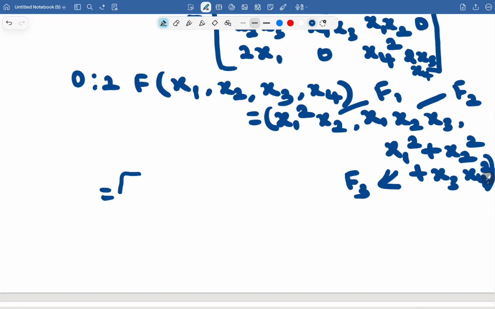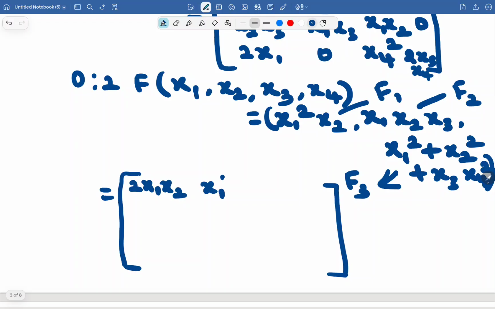Write in matrix, with the first row differentiation of f1 with respect to x1 partially, 2x1 x2, f1 with x2, f1 with x3, f1 with x4.